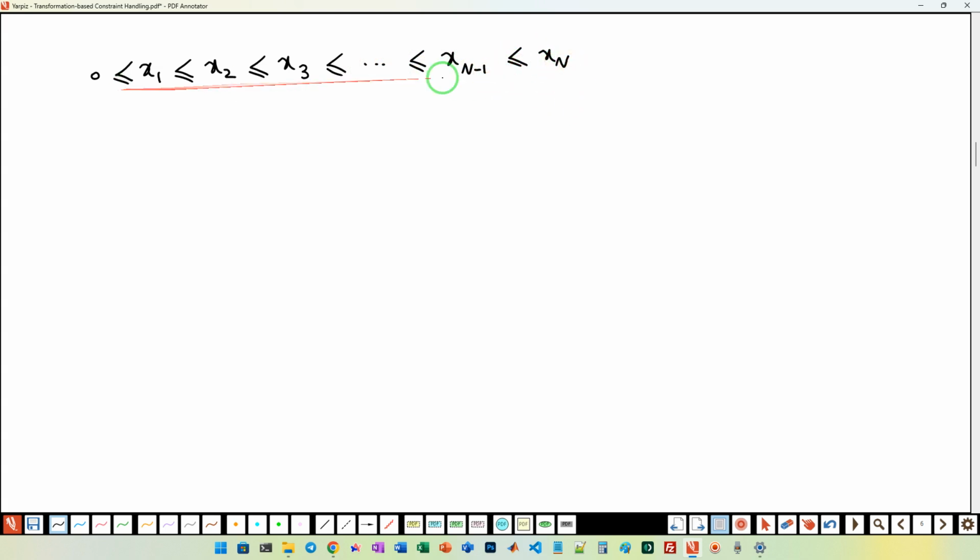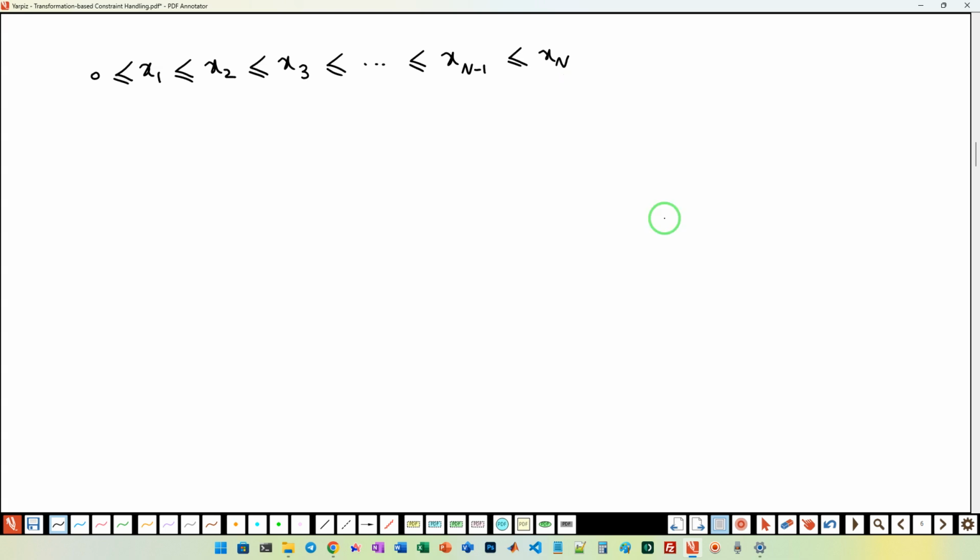So we have n variables and they must be ordered. But how can we create such numbers? Assume that we have an optimization algorithm like genetic algorithm or PSO. They cannot only focus on searching in this space.